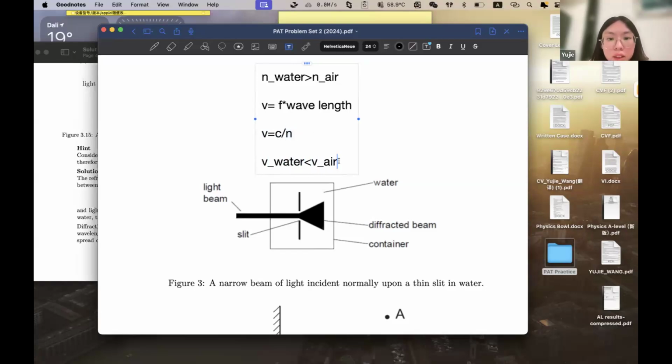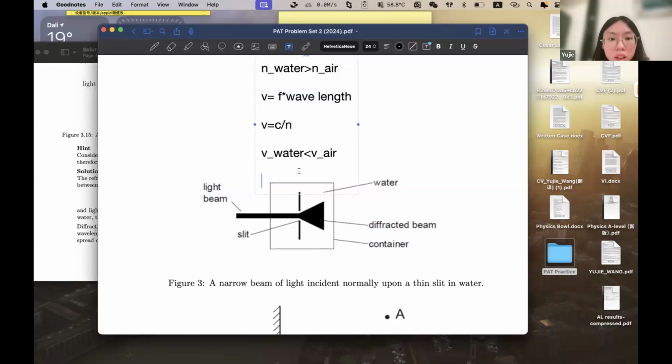And if we substitute this relation into the second equation, and remember that the frequency of the wave won't change, we have the wavelength lambda in the water would be smaller than the initial wavelength.